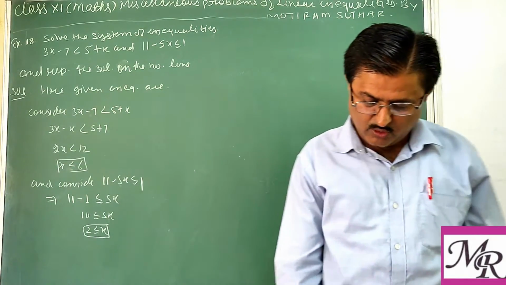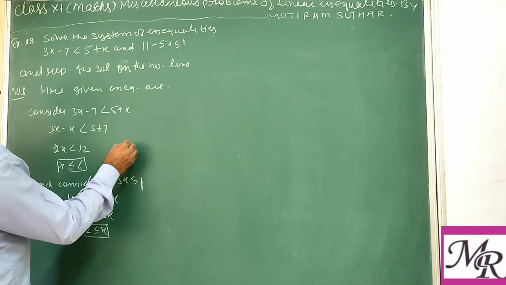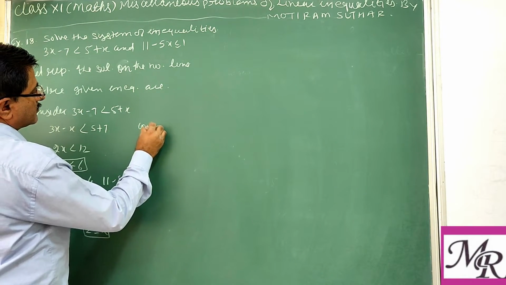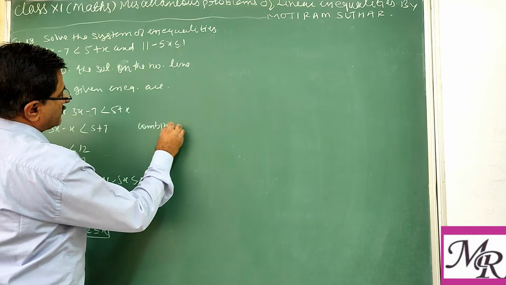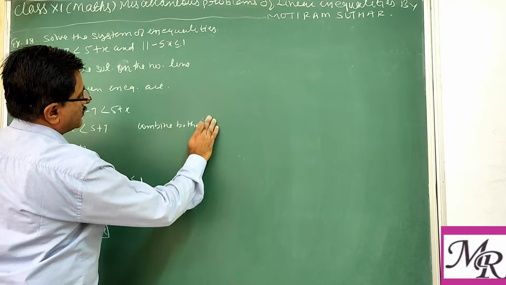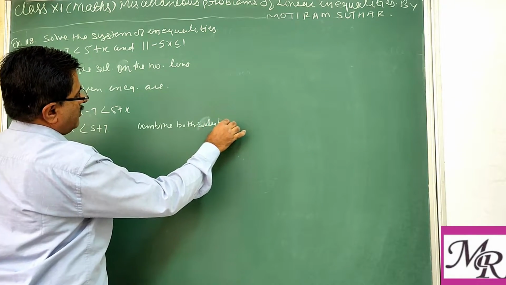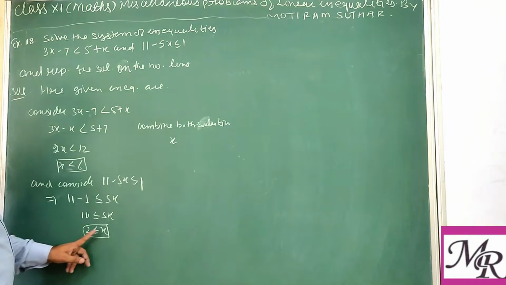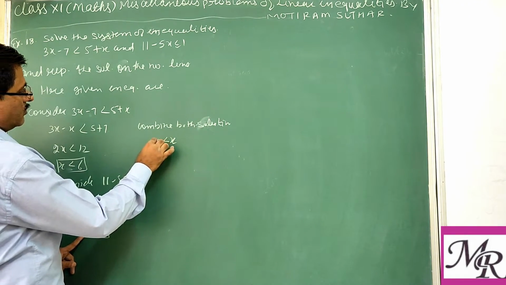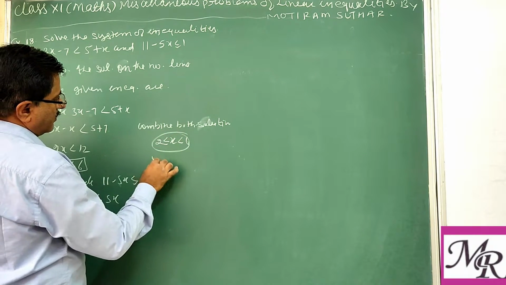Now combining both solutions. So what we have? Here it says x is greater than equal to 2 and here it says x is less than 6.